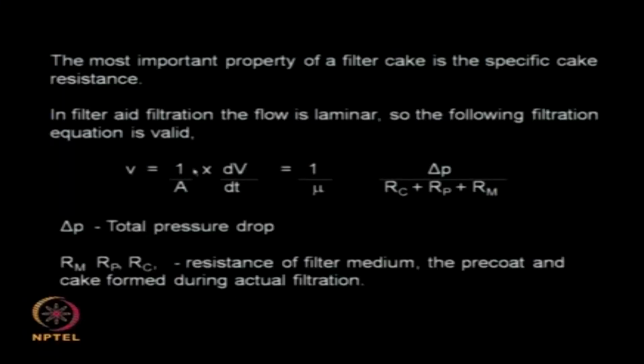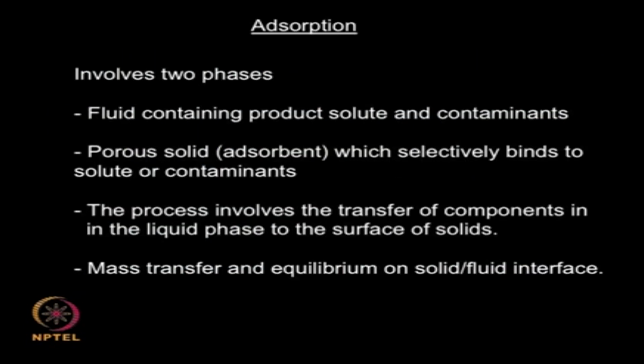So if you know all these values, we can introduce all these here, and then we can integrate this equation and calculate the time required for filtering a certain volume of slurry, just like we did in the previous cases, if you recall all those actually.